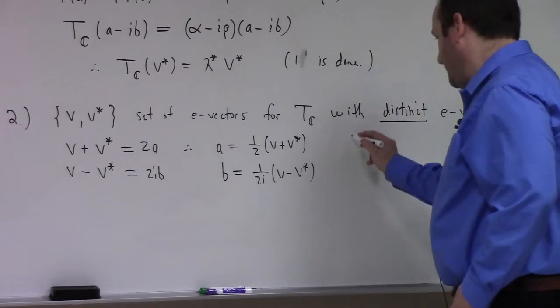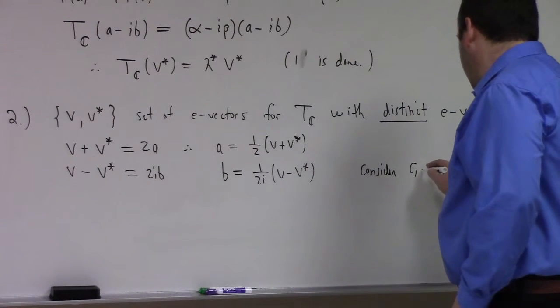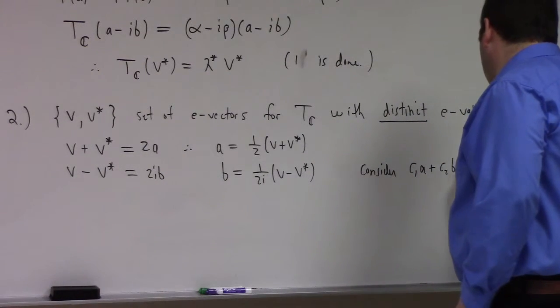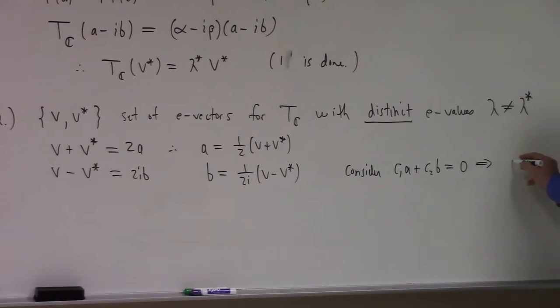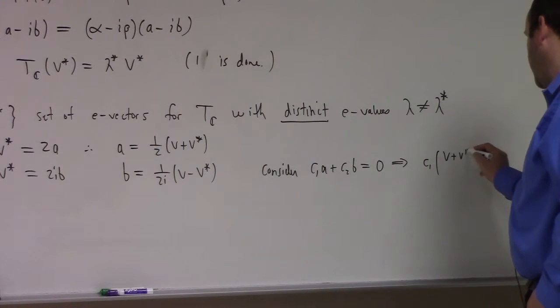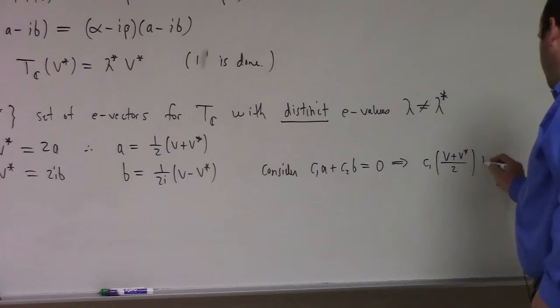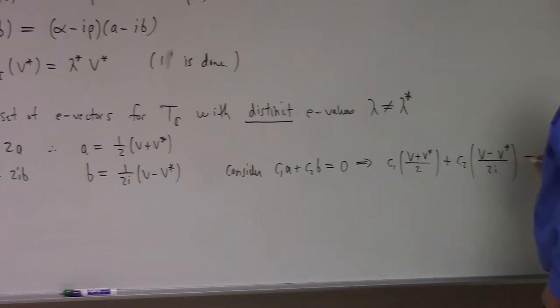And then if you just consider c1 a plus c2 b equals 0, what's that tell me? That tells me that c1 times (v plus v star)/2 plus c2 times (v minus v star)/2i is equal to 0.